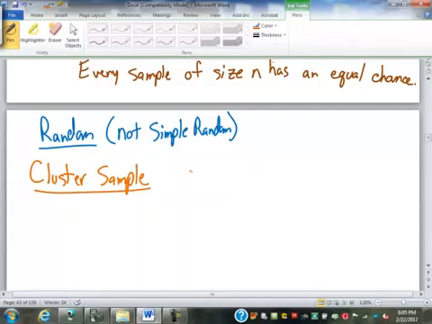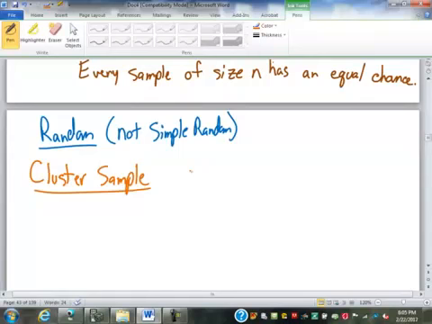A cluster sample is actually very, very common if you're going to do door-to-door sampling. Now, door-to-door doesn't necessarily mean you're knocking on somebody's door and asking a survey. In the telecommunications industry, it happens a lot where they actually go to houses and test the signal on the outside of the house.